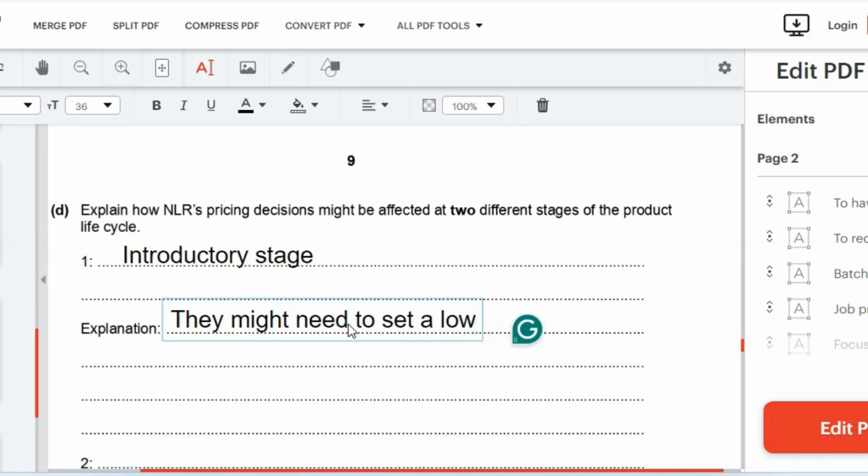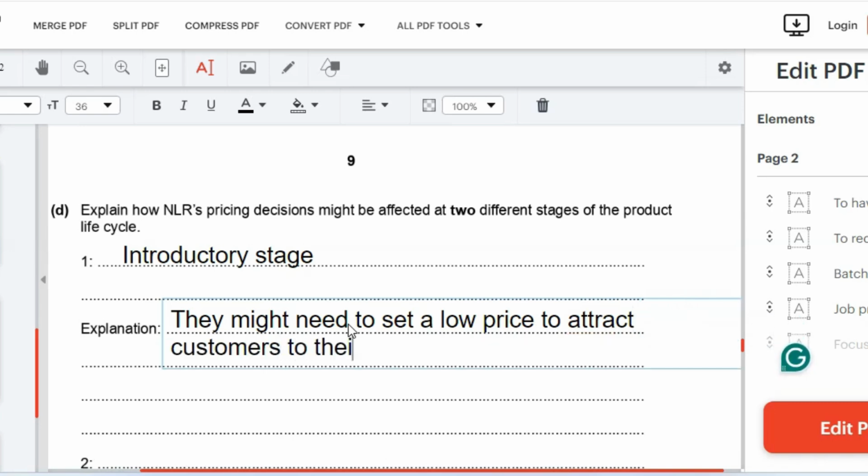Of course, at the introductory stage, they might need to set a low price to attract customers to their hand cream. We are still applying the summary given to us. Yes, that is one of the stages.